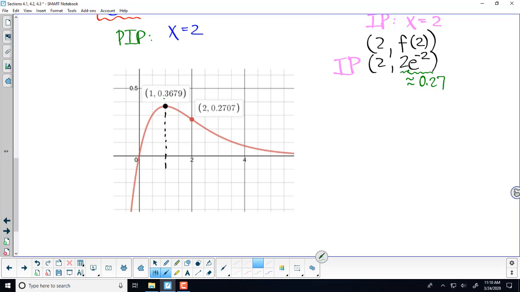So this is that e to the negative first, and then we've got our inflection point. Inflection point, critical point. And this value here is 2e to the negative 1. There you go, fun times.